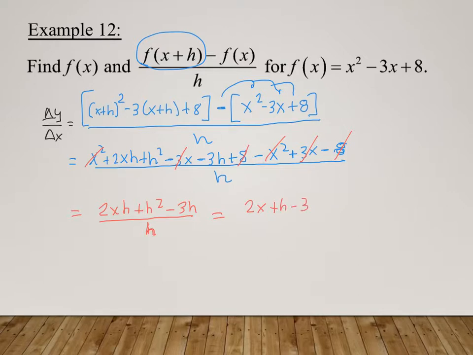I'm going to just rearrange the terms, so I get 2x minus 3 plus h. There's our answer. And if h goes to 0, then we have the tangent line's slope.